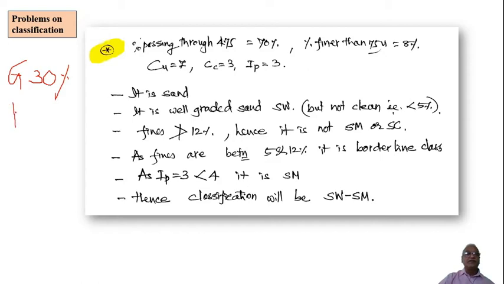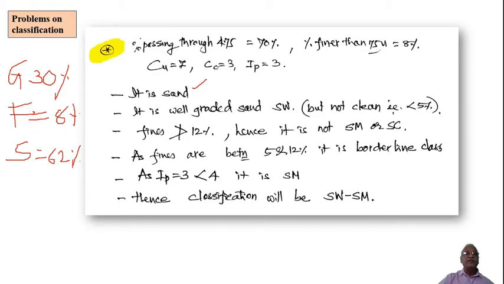The percentage of fines is given as 8%. So from this data we can work out the sand percentage, which is obviously 100 minus 38, that is 62%. So 62% is sand. That's why the classification will be sand.